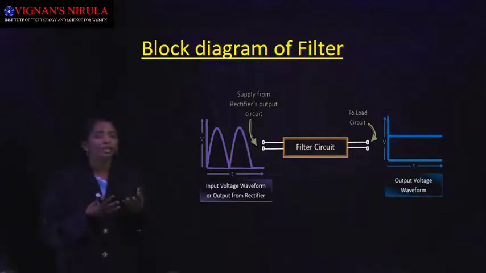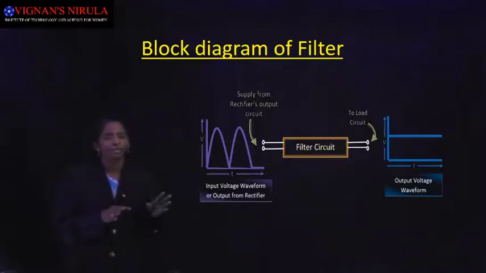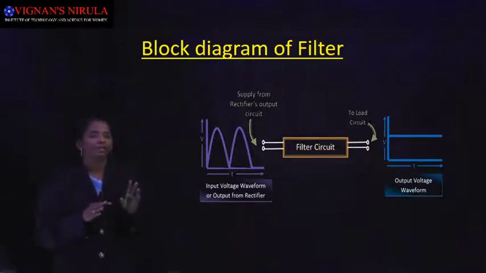So the filter removes the AC component and gives only the DC component. That is the function of the filter in this particular diagram. For the filter circuit we use capacitors and inductors as filter elements. So this is the block diagram of the filter circuit.